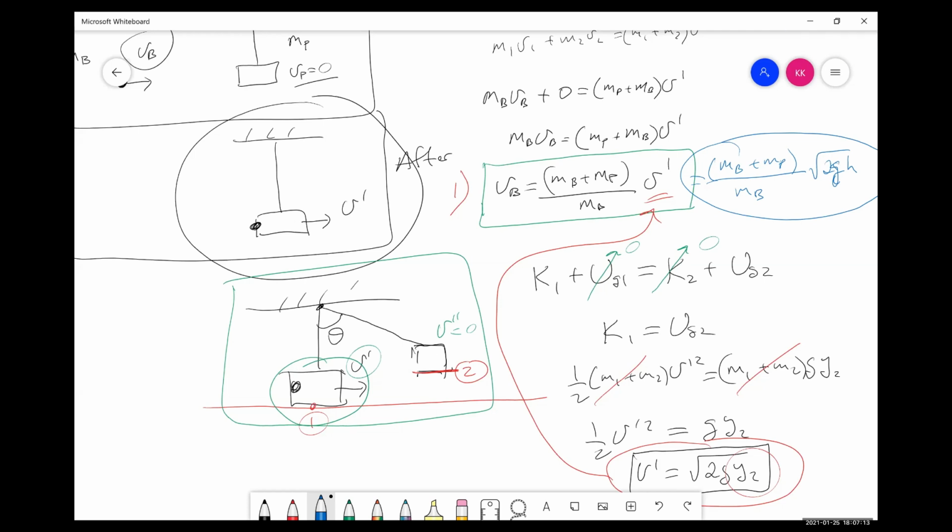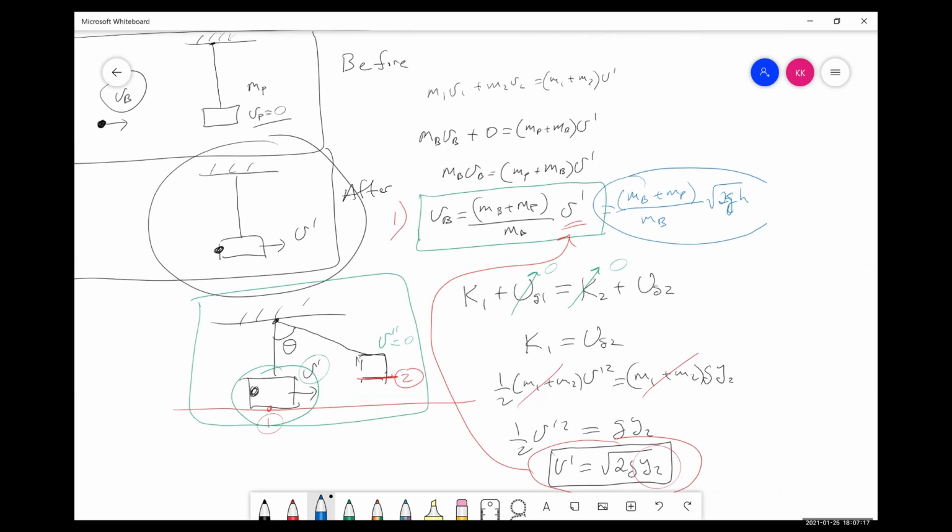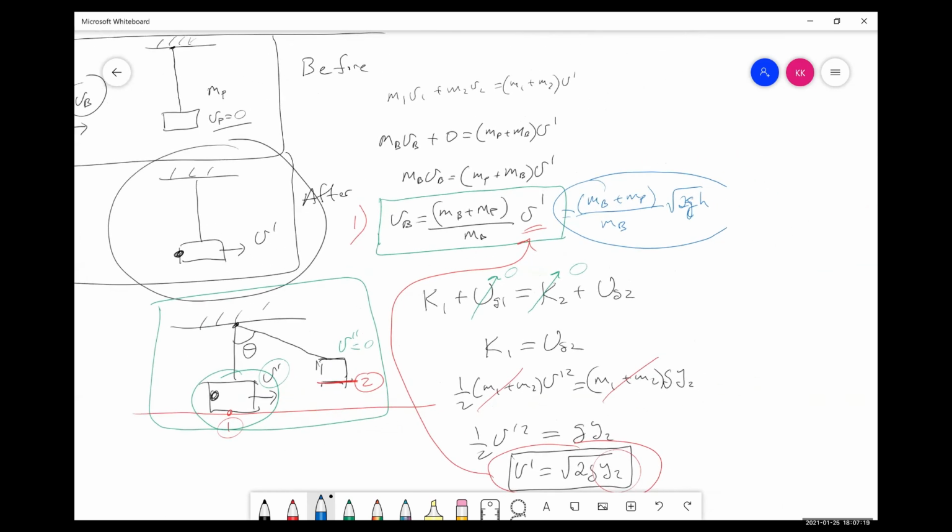Professor, I have a quick question. Yes. What exactly is v double prime again? That's just the velocity, which is zero at the height of the pendulum swing. Exactly. Because it is connected to this pivot point, it's going to go up, but when it's going up, gravity is acting against it, so it's going to slow down until it stops, and then comes back down.